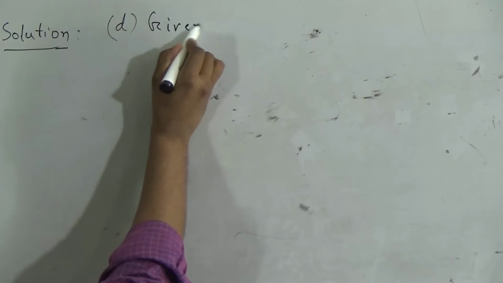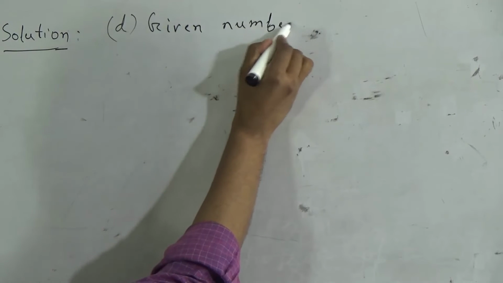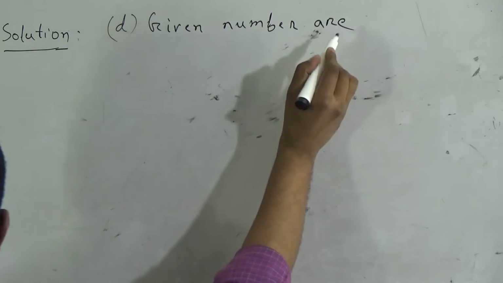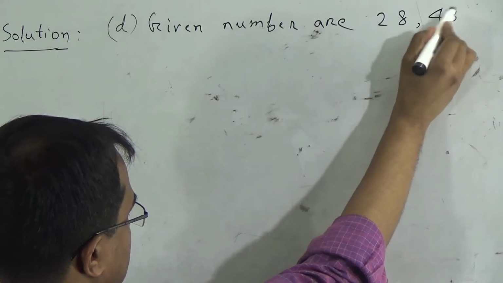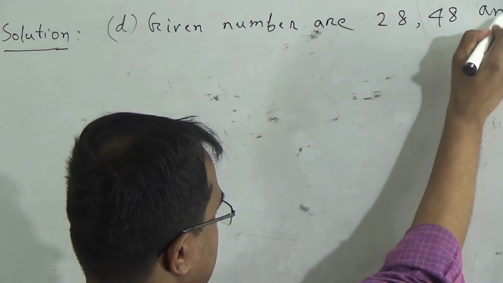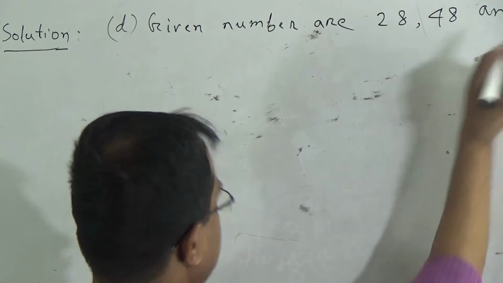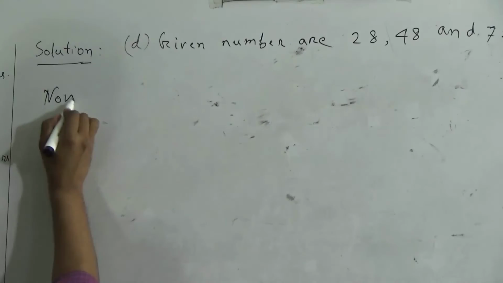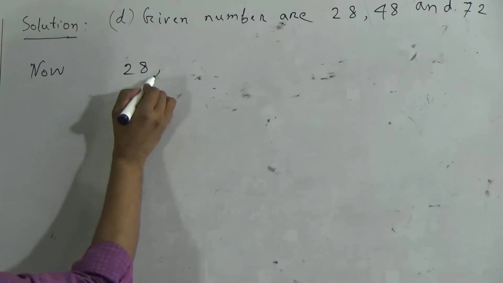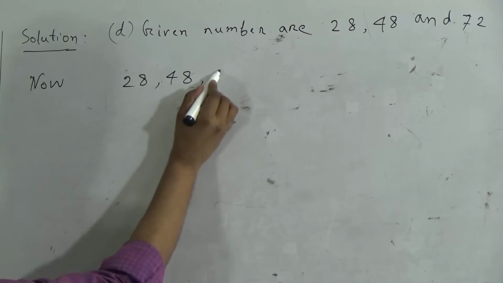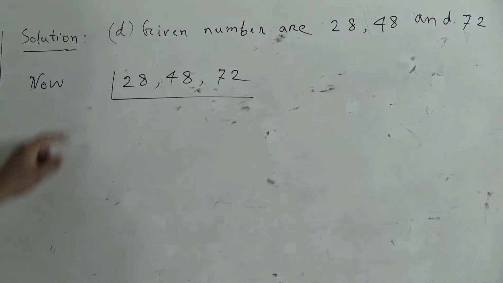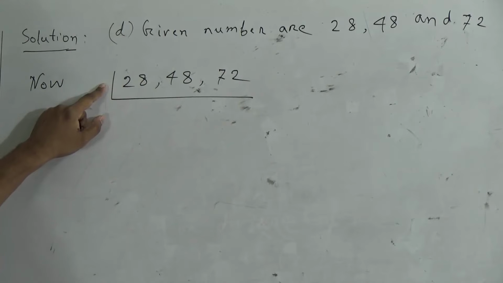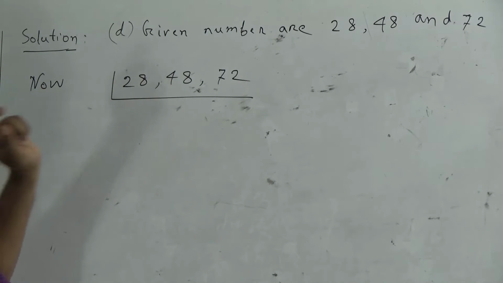Given numbers are 28, 48 and 72. We have to take here a prime number so that at least two numbers will be divisible by the number we take.